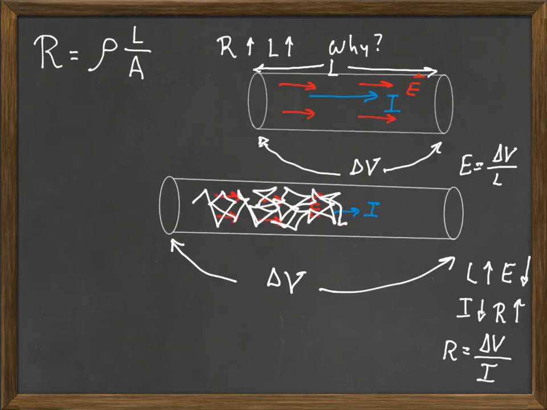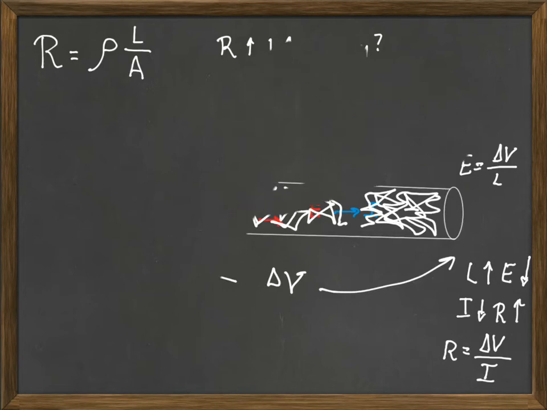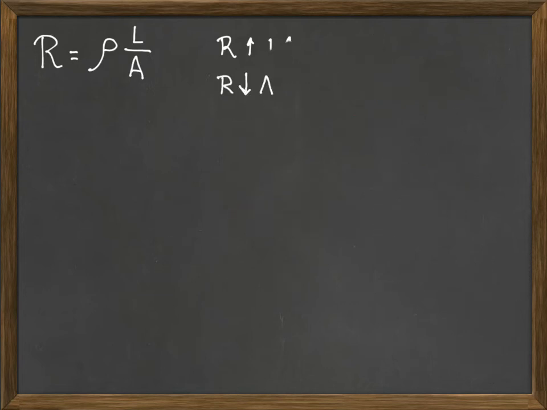Another way to visualize this is that remember that resistance is related to the difficulty, to the fact that the electrons have multiple collisions as they go from one side of the wire to another. And if we just make a longer wire, we just add in more collisions to the path of the electron, making it obviously more difficult for the current to flow through this wire. So that's regarding the dependence of the resistance with L.